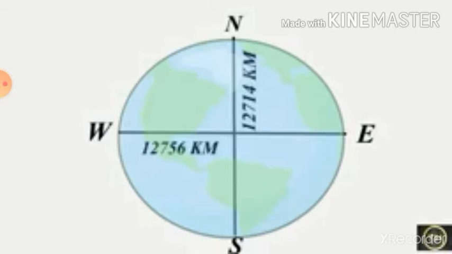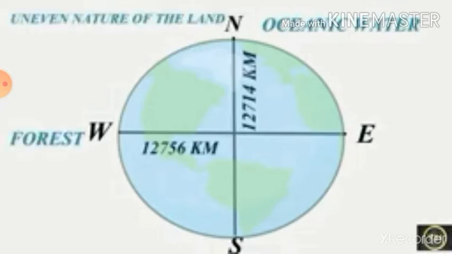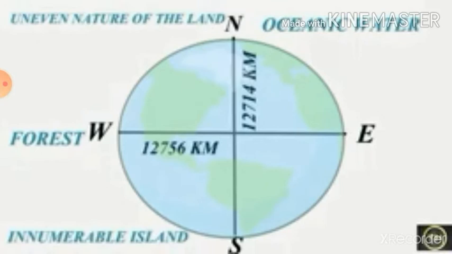It will give you some idea about the size of the earth. Oceanic waters, the uneven nature of the land, forests, innumerable islands of different sizes and buildings make it impossible to actually draw such lines on the earth.